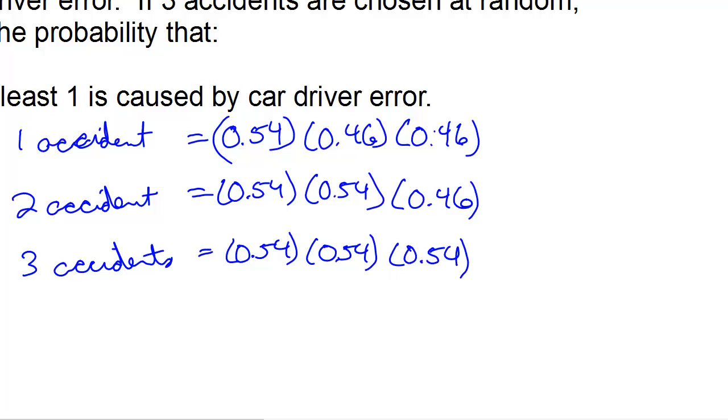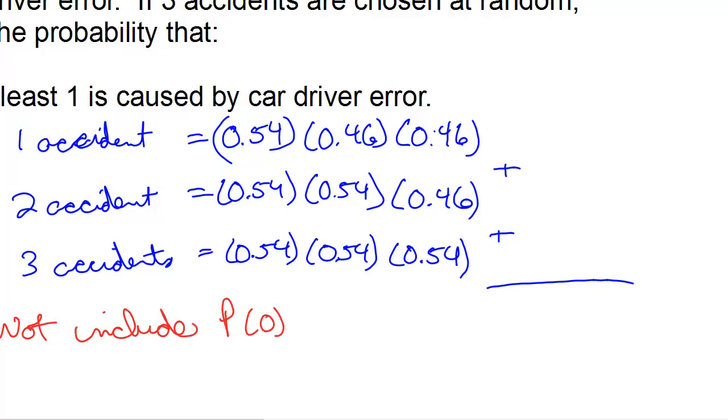And if I want one accident or two accidents or three accidents, that would mean I would add all of these up. Now for something this small, that would be okay, but notice the one that is not included right now is the probability that zero or none of the accidents are caused by driver error.